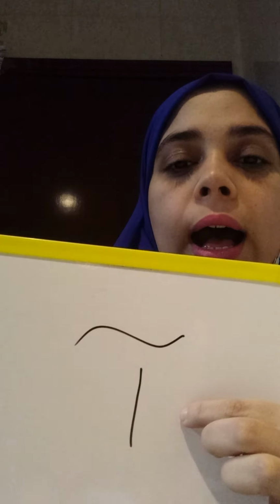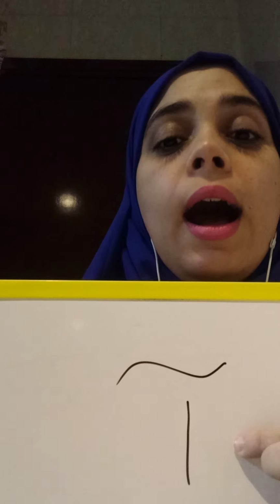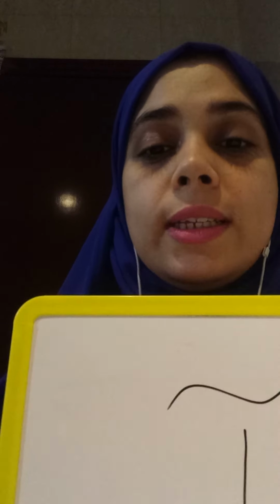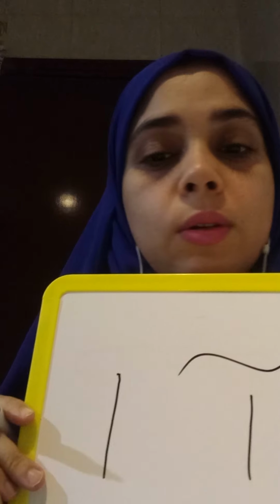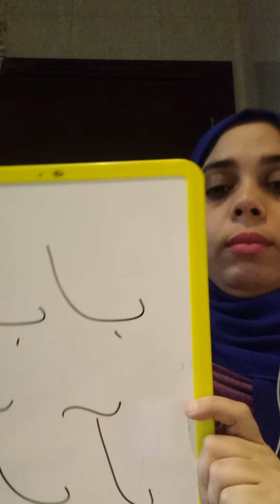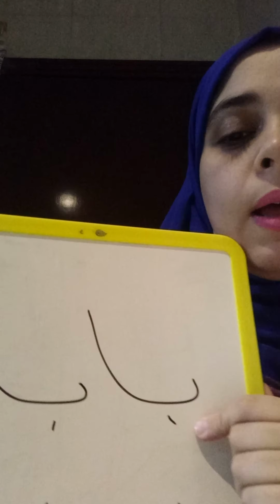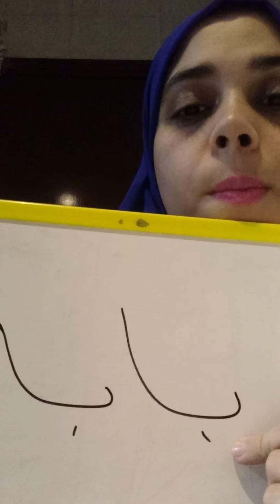Before I show you this very important example, I need you to remember with me this letter. This one is ah. What's the difference between this one and alif without any hamza? I will show you here. Remember, this word is baba. No hamza, right?